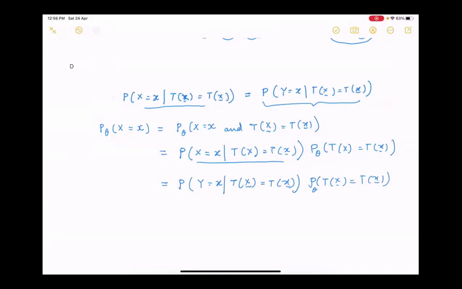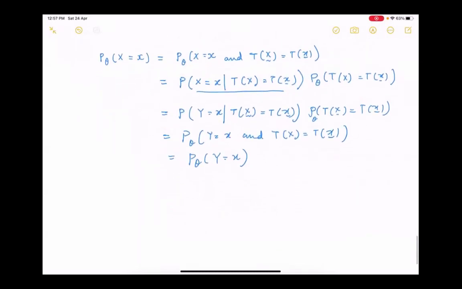The same way you can end up writing P theta of Y equal to small x and Tx equal to T of x tilde, and then hence you can write the same argument, P theta of Y equal to x. So basically X and Y, even if they're seeing different observations, have the same distribution, if they're using the same statistic and that statistic contains the information.